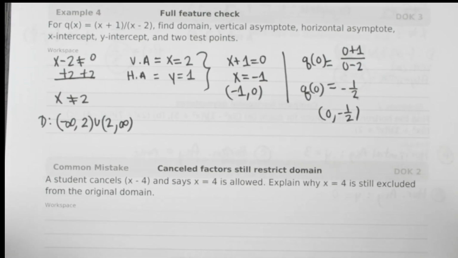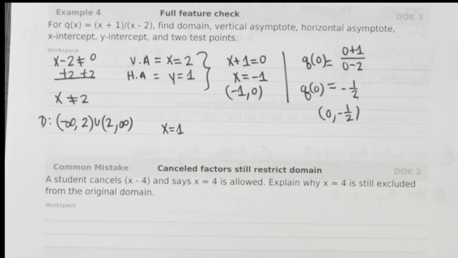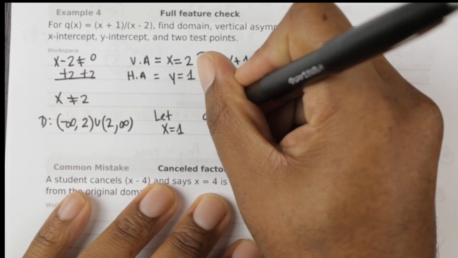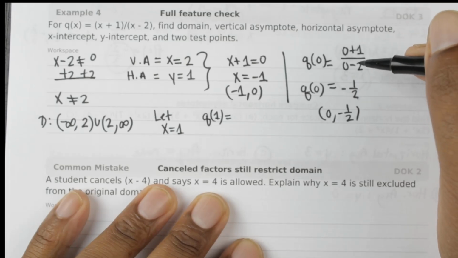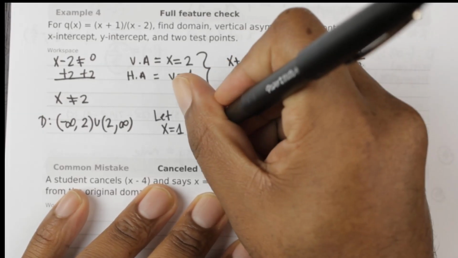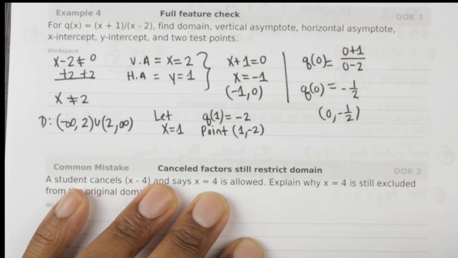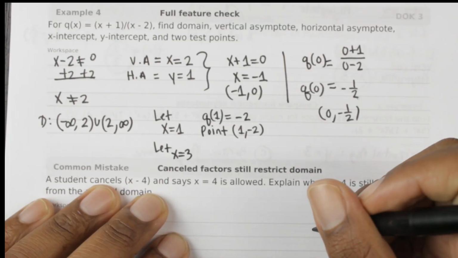Now, it says choose 2 test points. Okay, so we're going to use 1 point on each side of the vertical asymptote. Let's let x equal 1. If we let x equal 1, we compute this: 1 plus 1, over 1 minus 2, we're going to end up with -2. So the point would be 1, -2. And then let's let x equal 3.